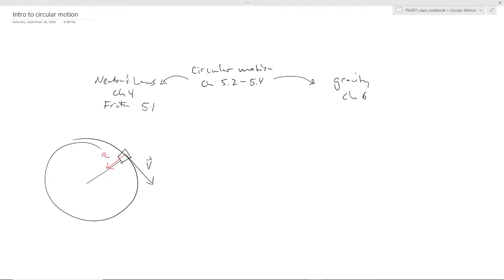So I'll put that in a different color here. And I'm going to denote that a sub r for radial acceleration. So this is the radial or centripetal acceleration. And this r is to tell you that it's in the radial r direction.